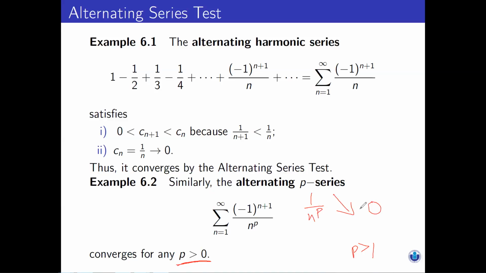And so by the theorem it is convergent. And not only that, with an alternating series, when you have this negative sign, there's a lot of cancellation going on, and it makes the series converge.